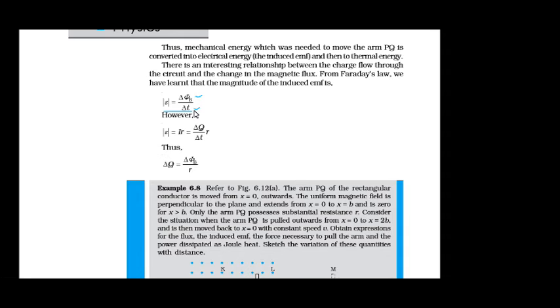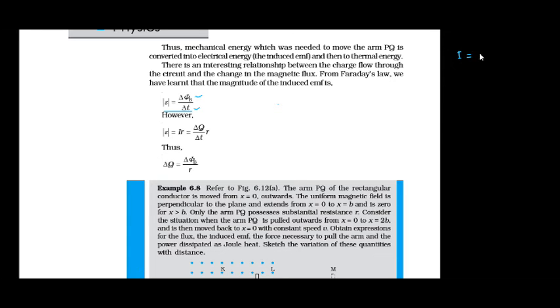Again, we can write modulus of E is equal to IR. What is I? What is current?